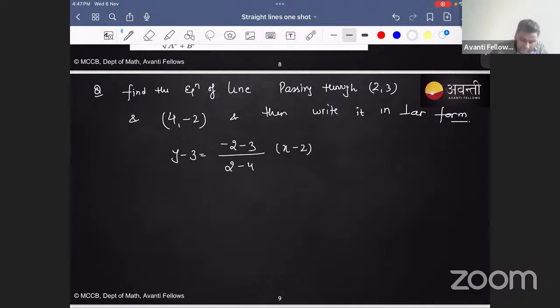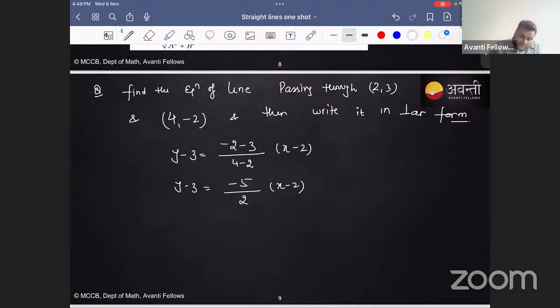So y minus 3 is (-2 minus 3) upon (4 minus 2) into (x minus 2). It will be 4 minus 2, not 2 minus 4, y2 minus y1 upon x2 minus x1. So it will be minus 5 by 2.